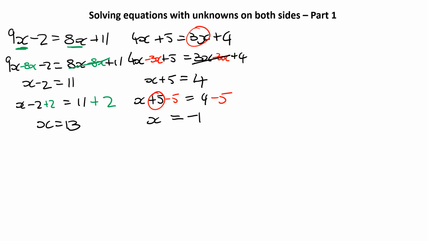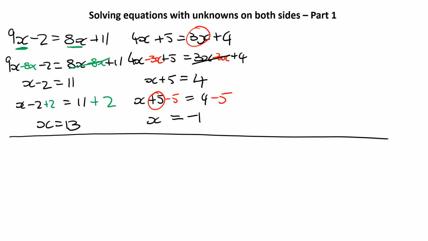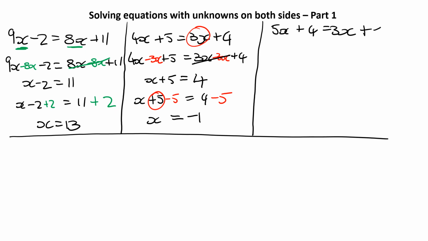Actually, I'm going to run out of space, because I've got 2 more questions to go on this part here. So my next example is going to be 5x plus 4 equals 3x plus 8.